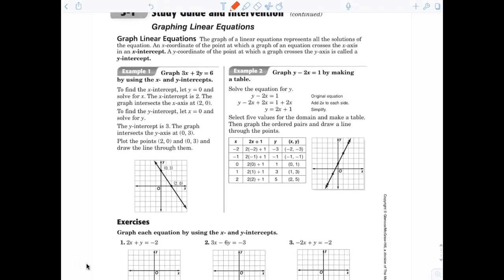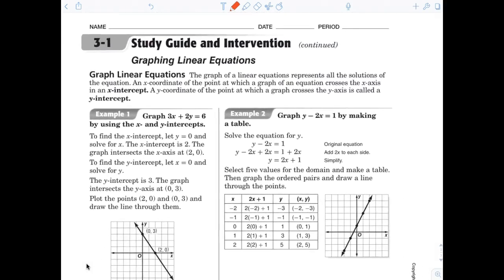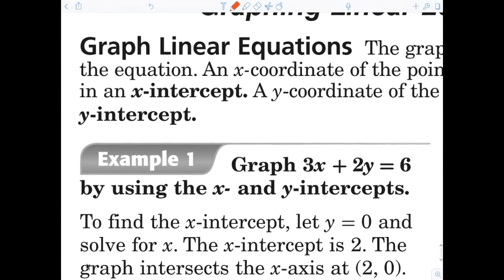The first thing I want you to highlight in the next section is the x-intercept and the what? The y-intercept. Listen, I need everybody to write a little note to themselves. An x-intercept is simply where the line crosses the x-axis.